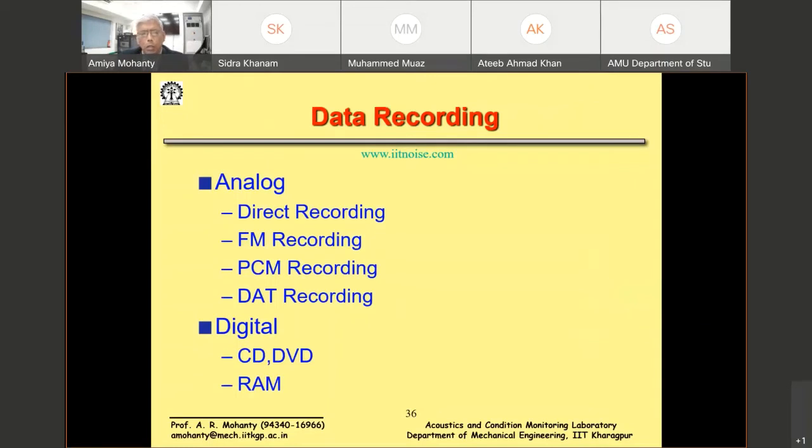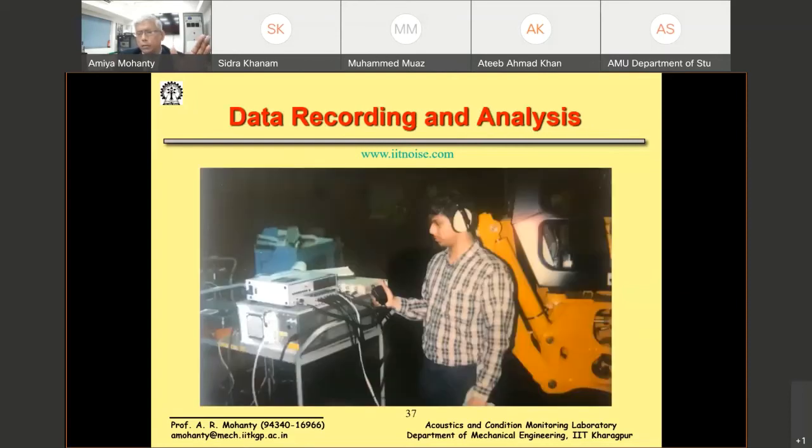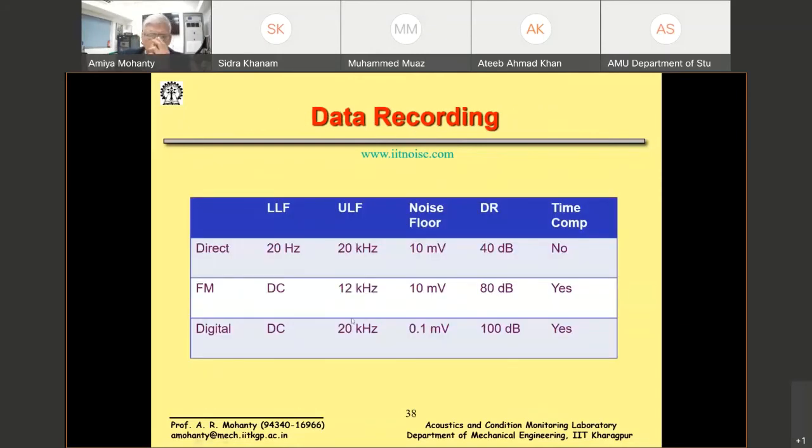So we are talking about data acquisition systems, cards, LabWindows which gave rise to LabVIEW, and today we have very, very USB-based plug-and-play data acquisition units with very, very high sampling frequencies. I'll show you an example again. Coming back to the data recording, today we can measure digital, not only 20 kilohertz, you can go beyond that.